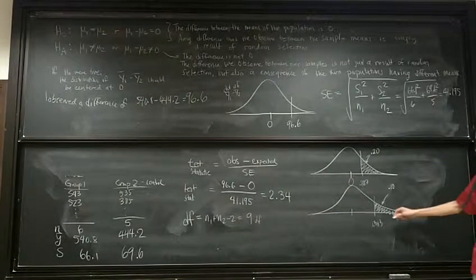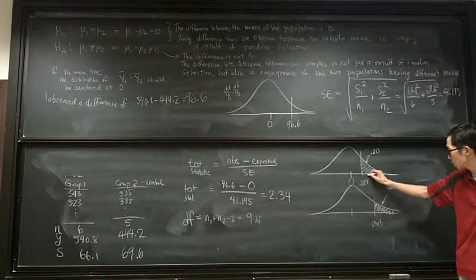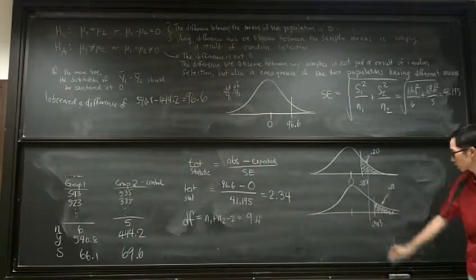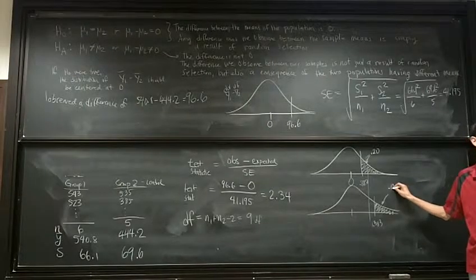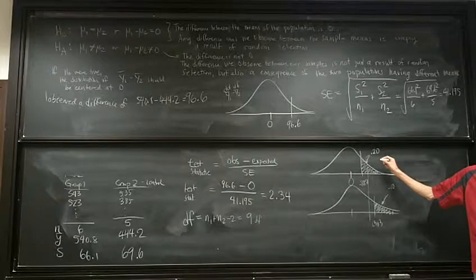If I draw a line at 1.0 and I shade everything to the right, how much is to the right of the line at 1.0? The answer is we don't know the exact value. But whatever it is, it's going to be more than 10%, but less than 20%.